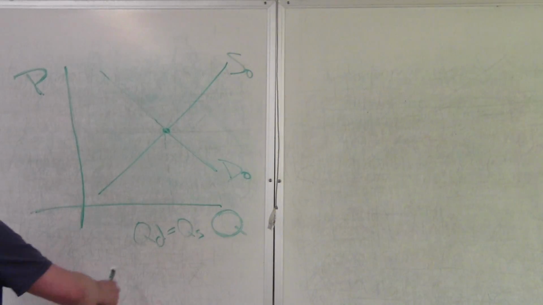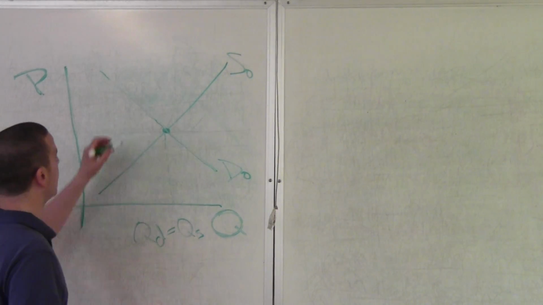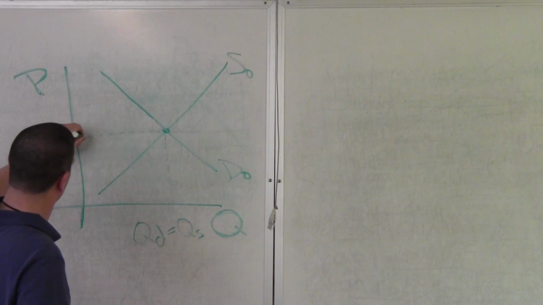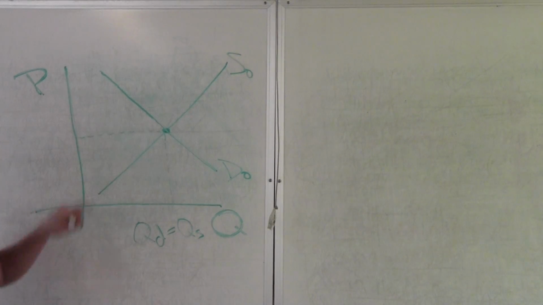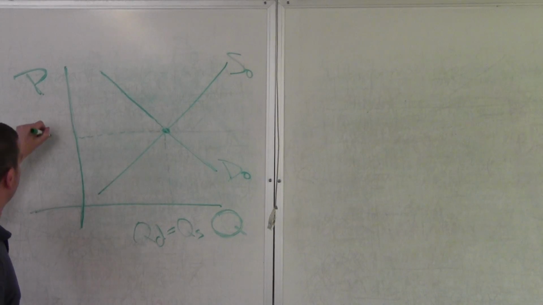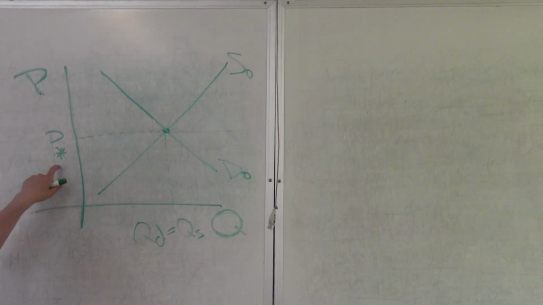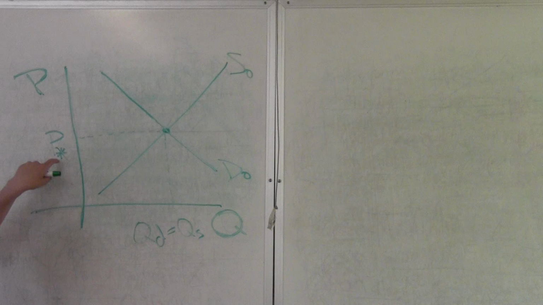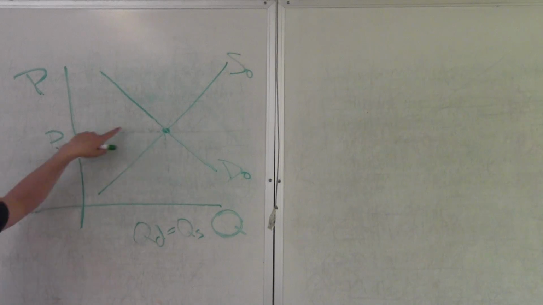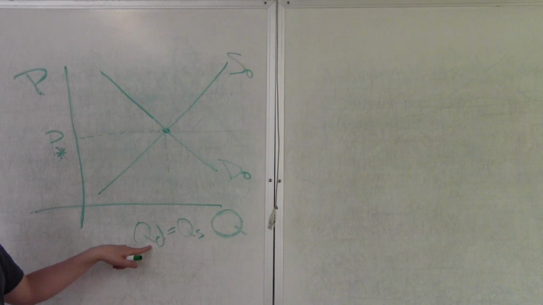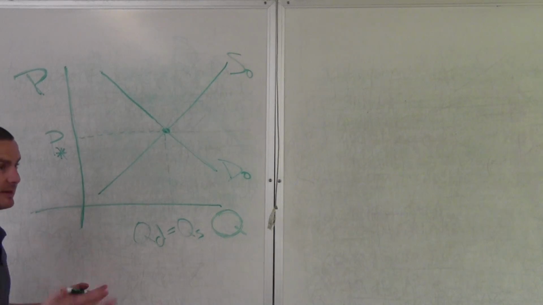Why is it quantity demanded and quantity supplied? These are little dashed lines I'm drawing. At this price, which I put with an asterisk, okay? At this price, this particular quantity is being demanded, right?